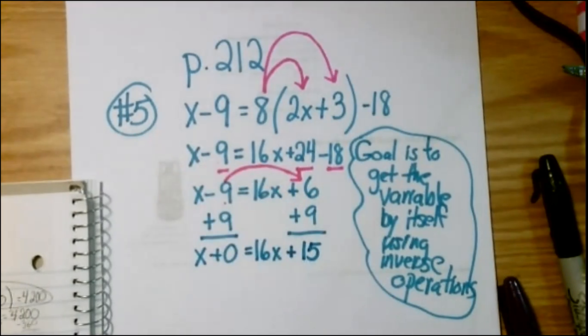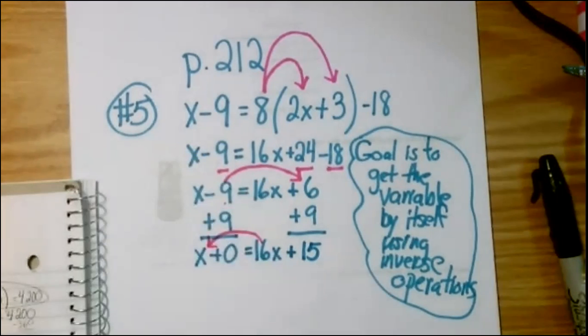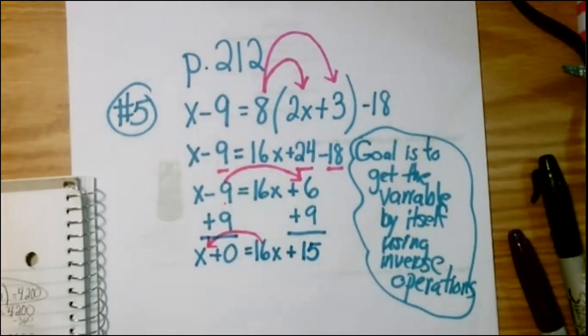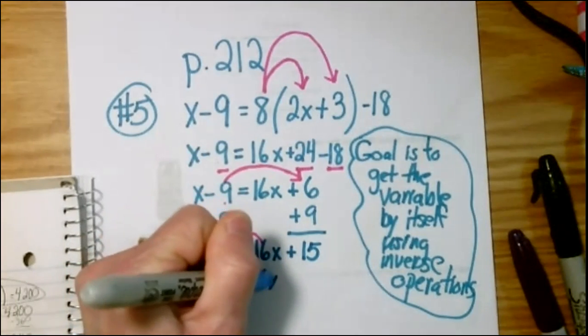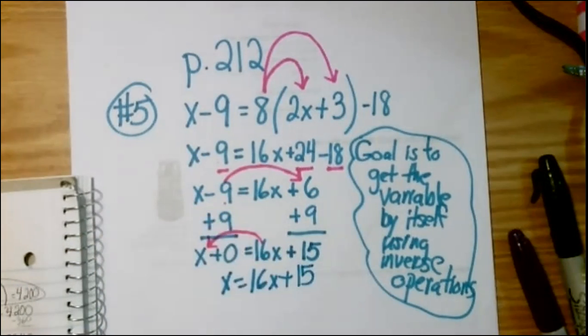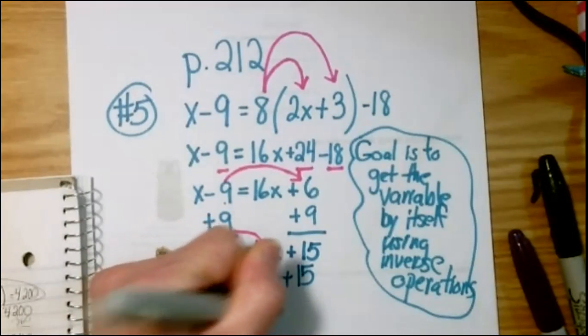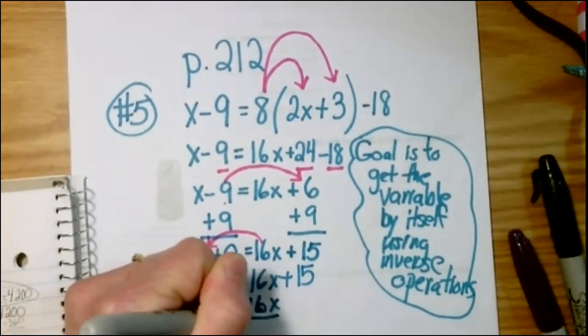Now my next goal is to get the 16x over to that side so that the like terms can be together. So I'm going to drop the 0, and I'm going to have x equaling 16x plus 15. And now I have to use inverse operations to move the 16 to the other side. So I'm going to minus 16x to both sides of the equals.